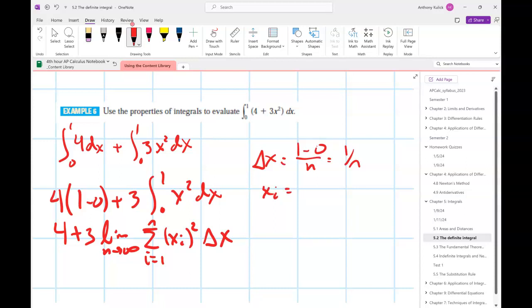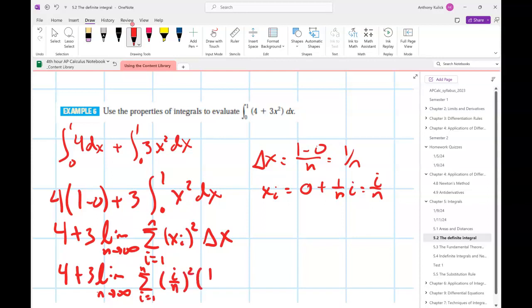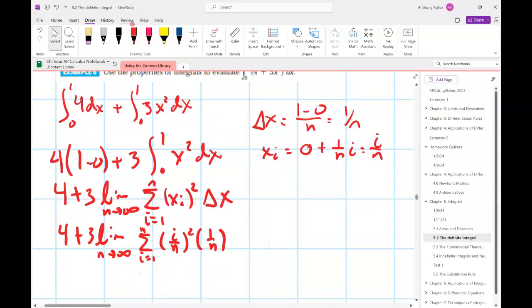Our xi in this case is a plus delta x times i, or i over n. So this is going to be 4 plus 3 times the limit as n goes to infinity of the sum from i equals 1 to n of i over n, quantity squared, times 1 over n.